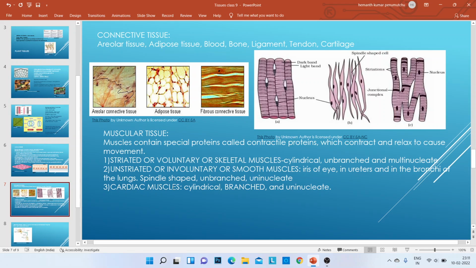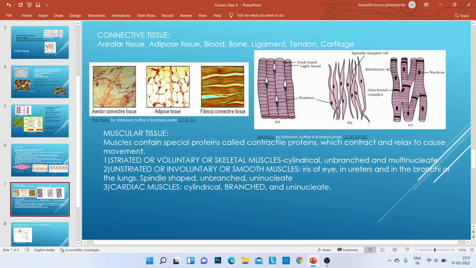The next type of muscle is cardiac muscle. If you see here, there are branches. So the muscle tissue having branches is cardiac muscle, and the shape of cardiac muscle is cylindrical, and they have only a single nucleus.